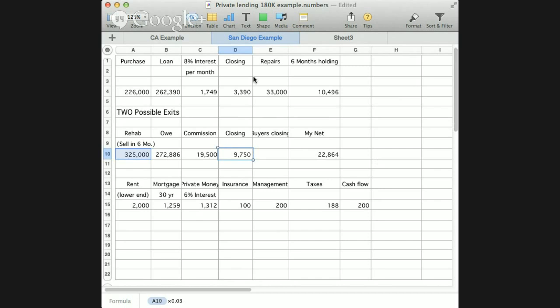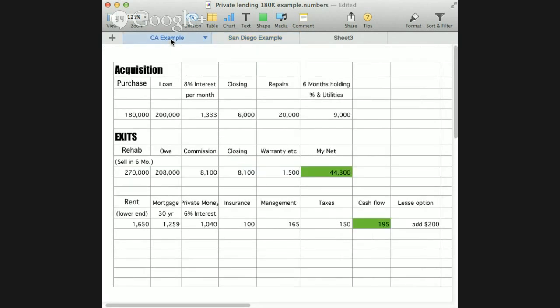So that's a second example of a type of deal that you could do. So it's good to bring a spreadsheet like this when you meet with a potential hard money lender, a private money lender, so that they have some idea of how their investment's going to work out.